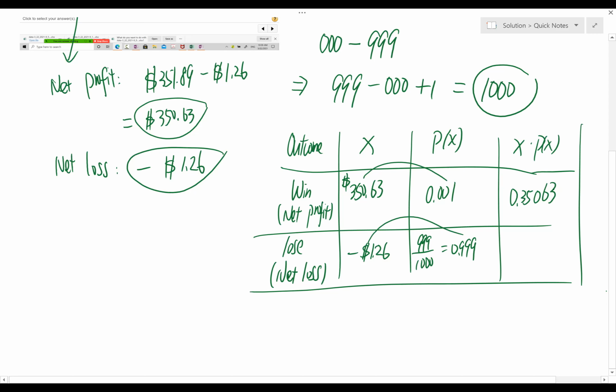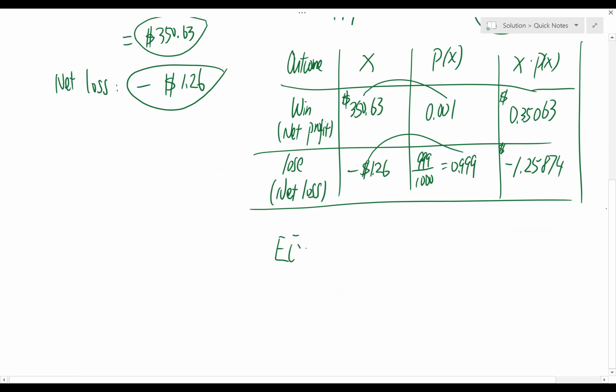And then the other one is negative 1.26 times 0.999. And this turned out to be negative 1.25874.